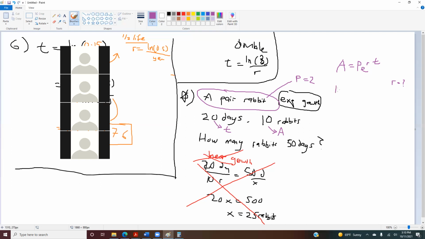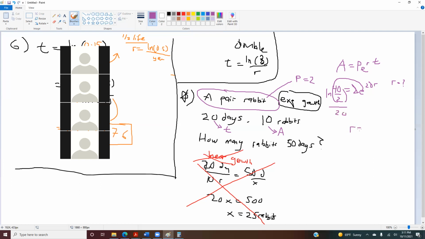So A is 10. P is 2, we start with 2 rabbits. e to the 20r, sorry, because your time is 20 days. So you have to divide by 2 first, and then take the ln, and then divide by 20.